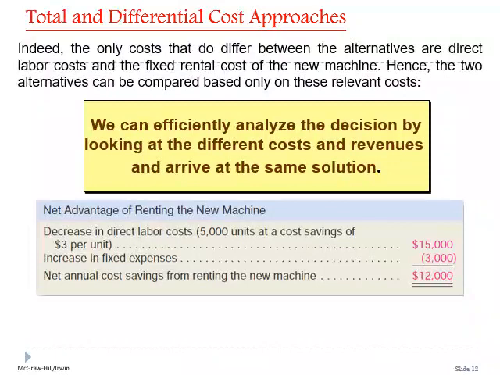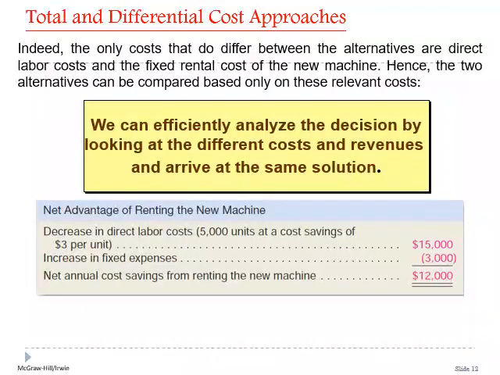5 units at a cost saving of 3 per unit. Increase in fixed expense: 3,000. So the saving will be 15,000 and the increase in fixed expense will be 3,000.